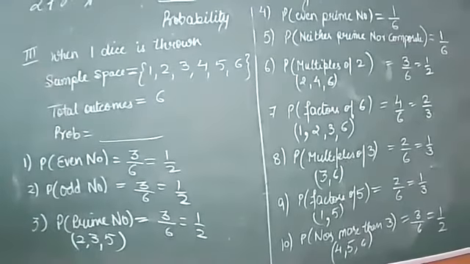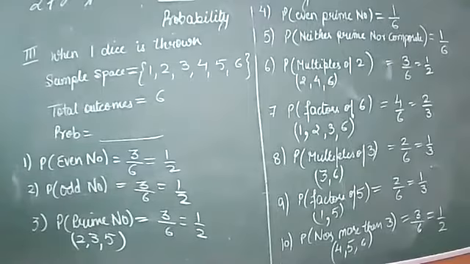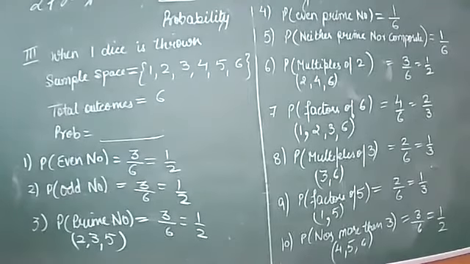Next is probability of number more than 3 but less than 6. 4 और 5. कितनी बार है? 2 बार, तो आंसर विल बी 2/6, दैट इज 1/3.